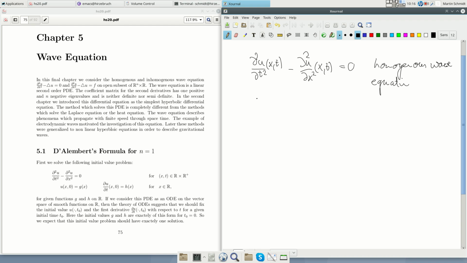Of course x and t are both real variables, and typically we assume that t is non-negative.